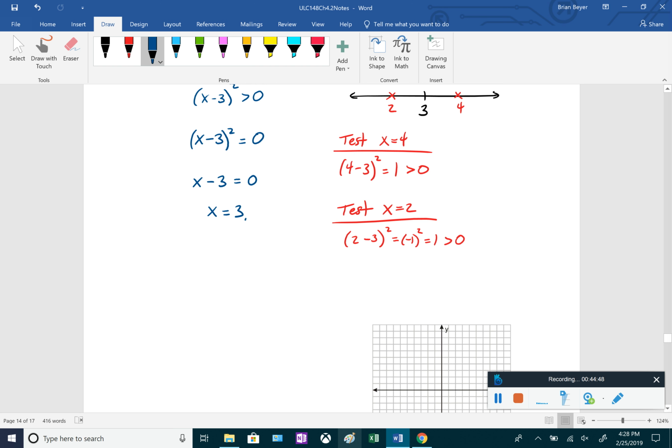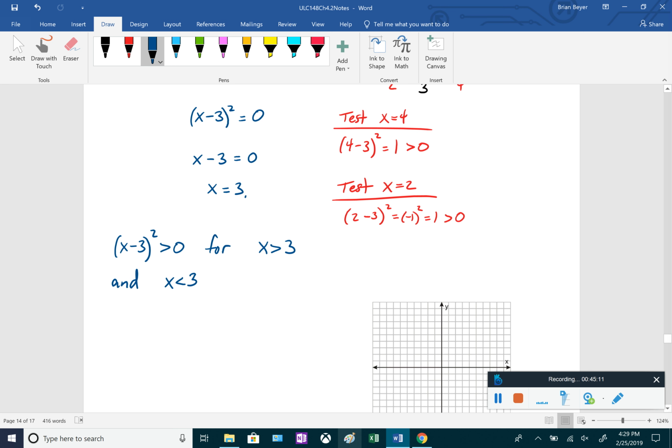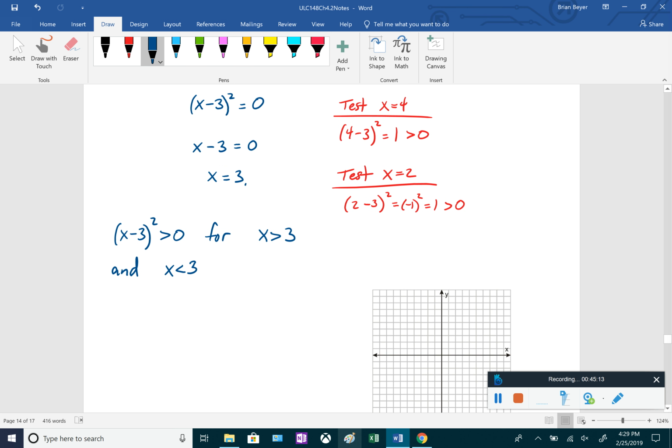So for the domain here, x minus 3 squared is greater than 0 for x greater than 3 and x less than 3. Earlier, when I had it set equal to 0 instead, right above this, it was just so I can find that cutoff point because I knew we had to omit 3.